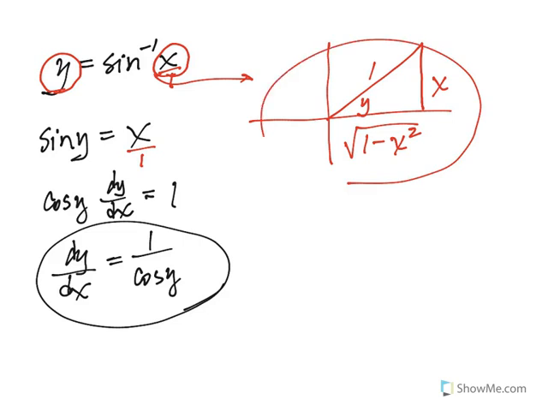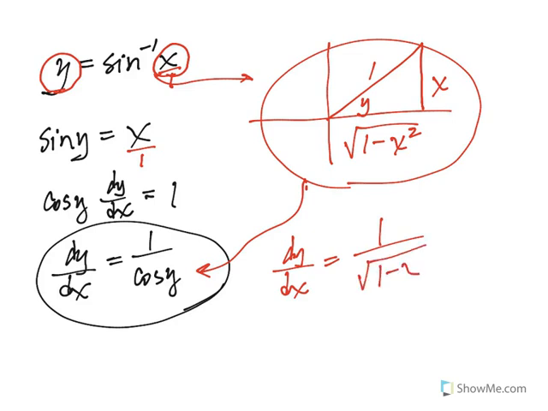If I use this triangle to substitute the expression for the cosine of y, I get dy over dx is equal to 1 over the cosine of this angle, which is adjacent, the square root of 1 minus x squared, over the hypotenuse.